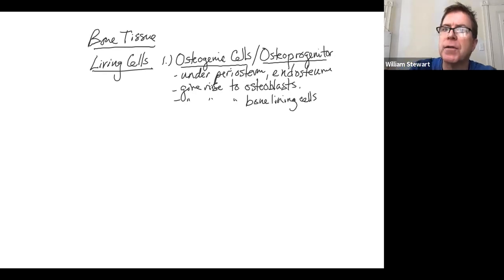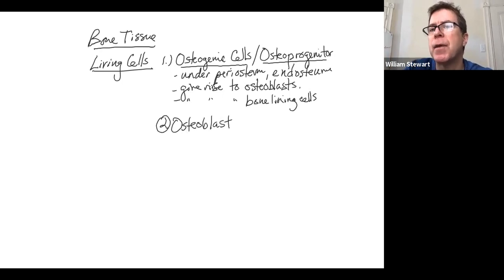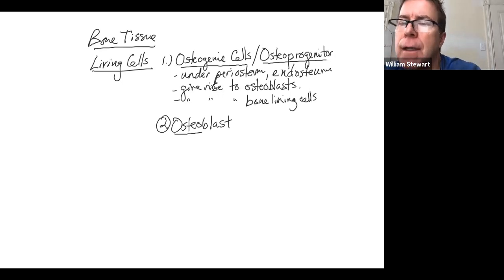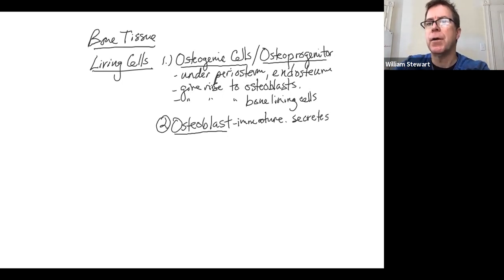So let's go over some of these other cells, like, for example, osteoblasts. You know what blast means from our first unit, or probably the connective tissue unit. A blast cell is an immature cell that secretes usually some component of the non-living matrix. So this is immature, and it secretes something called osteoid.